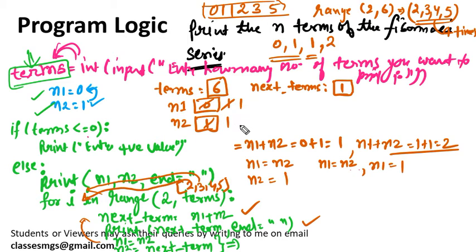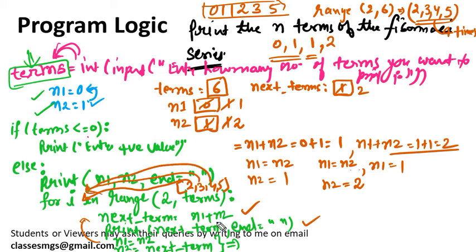And n2 equals next term. The next term value was updated to 2, because it was calculated here. So n2 will become 2 next. Now this loop will continue, and 4 will become the value of i.